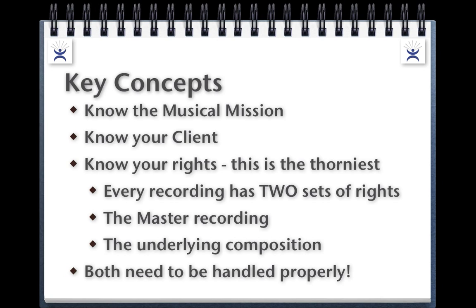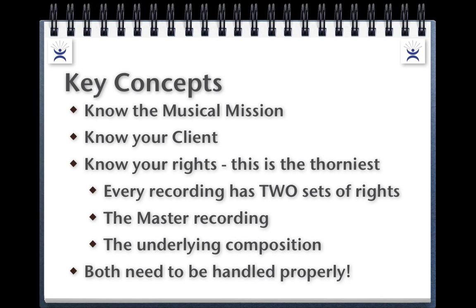The most important thing you need to understand is that unlike making a record and releasing a CD, where it goes out online and you sell it digitally and you sell CDs and whatever, synchronizing music to picture is a whole other can of worms in terms of rights management and sync rights. And this is the thorniest, weirdest thing for people to understand if they're new to it, because there are actually two pieces to the puzzle.